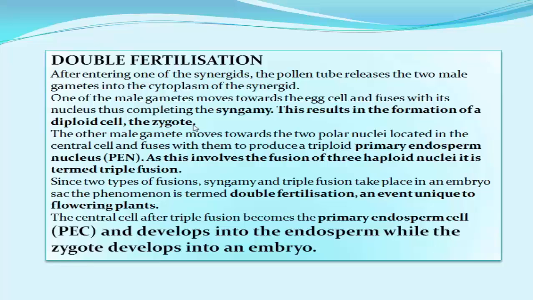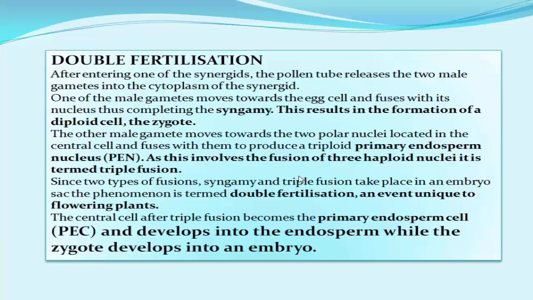Then what happens to another male gamete? So one more male gamete is fusing with secondary nucleus. What is that secondary nucleus? Secondary nucleus is a diploid structure produced by fusion between two haploid polar nuclei of the central cell.